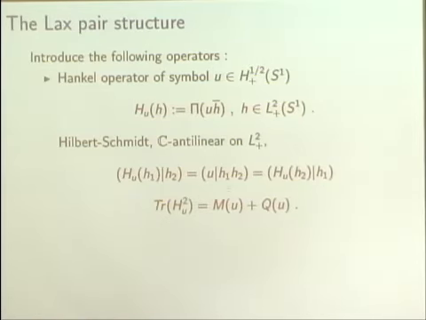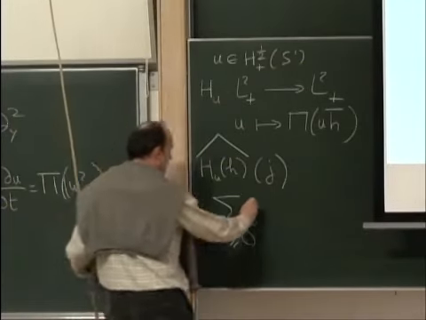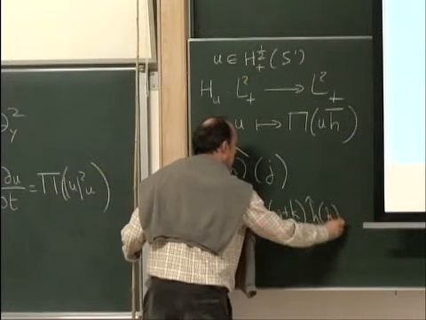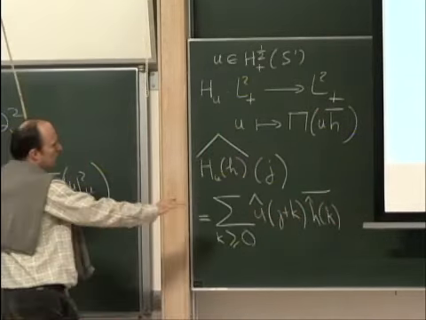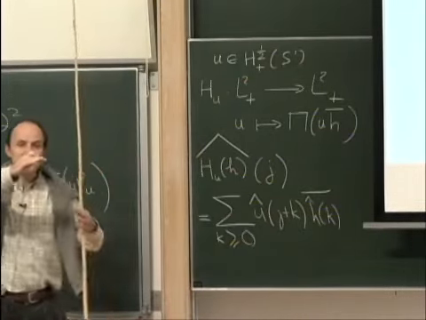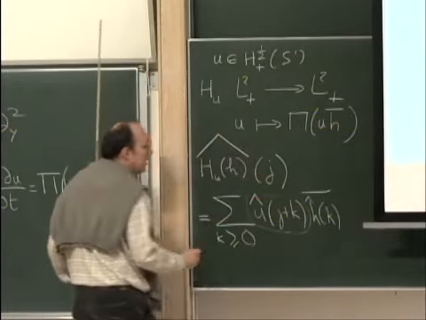And in fact, the way to see it is very simple, because if you look at this Hankel operator in terms of Fourier coefficients, you will recover a very familiar formula, which is this one: u hat of j plus k, h hat of k bar. What does that mean? Forget for a while about this bar here. You have a matrix in the basis of Fourier coefficients, with coefficients which are u hat of j plus k.